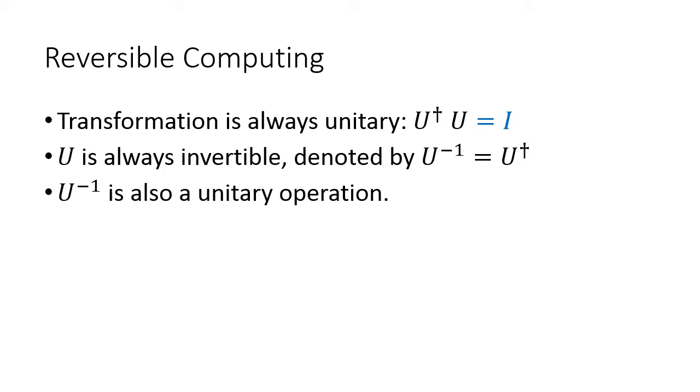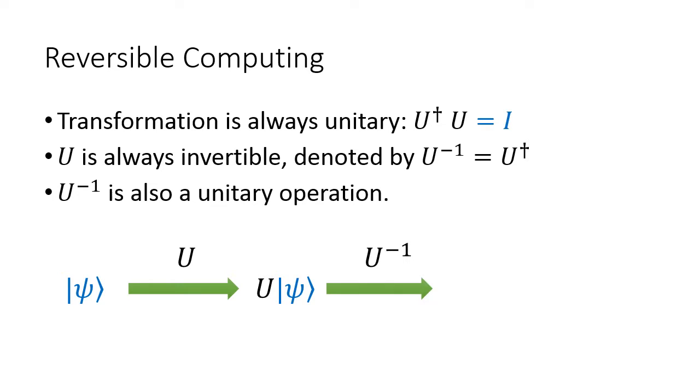And the inverse of U is also a unitary operation, meaning that if we have a quantum state psi and apply U, and then we obtain U psi, and then we further apply the inverse of U, which is also a unitary operation, after that, we obtain the inverse of U multiplied by U on psi, which gives us psi. This means that we can always undo the action of U and nothing is lost in the process, and this is called reversible computing.